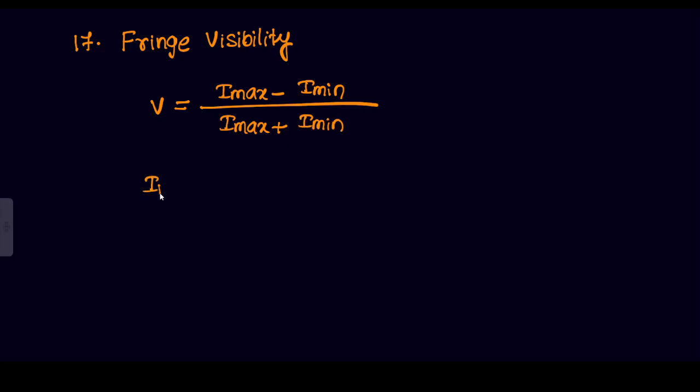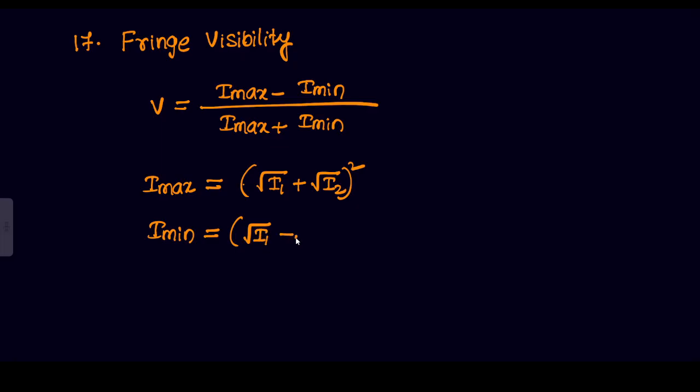And we know the I max value. What is the I max value? It is given as root of I1 plus root I2, whole square. I min value, how much? That is root I1 minus root I2, whole square.